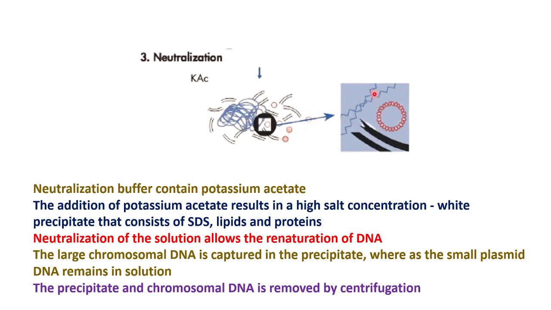The genomic DNA will try to renature, but it fails because it is very big. As we centrifuge, it gets trapped in the white precipitate of SDS, lipid, and protein, and is removed in the debris. In the solution, only the plasmid DNA remains. So the precipitate and chromosomal DNA are removed by centrifugation.